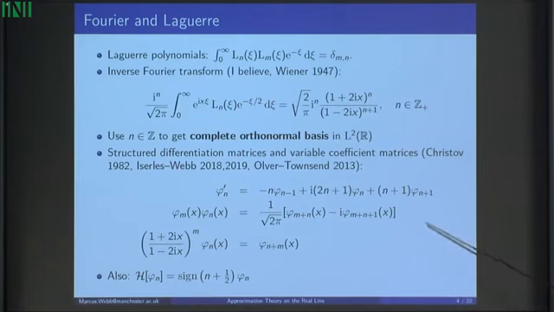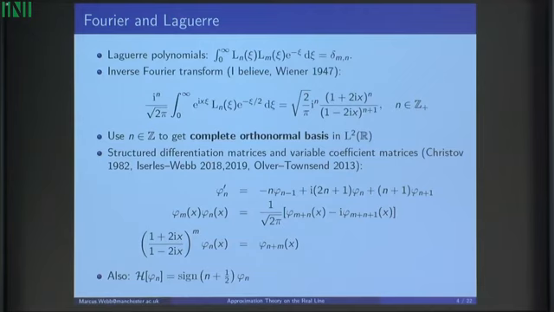The products of two basis elements, and also with a modified basis element, have very sparse, structured representations. So if you discretize a variable coefficient in an ODE, you would get Toeplitz plus Hankel operators.